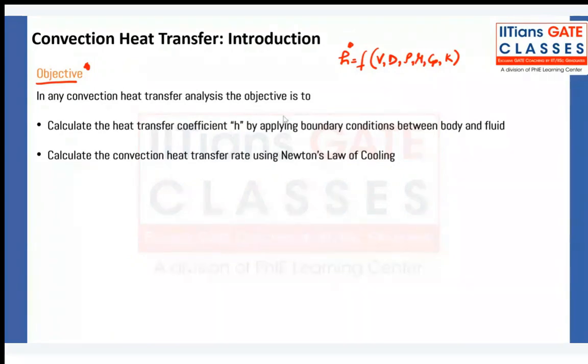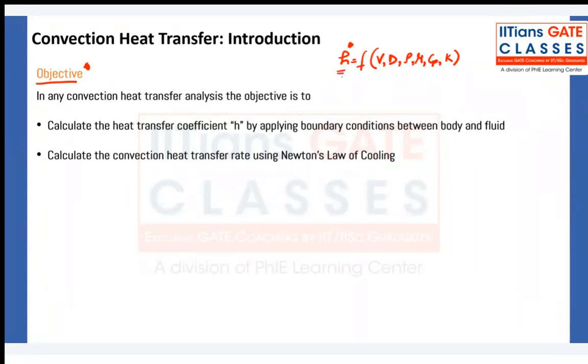But when you go for research or higher studies, the focus is how to determine h. So in this short study of convection, in these 5, 6, 7 hours, we are trying to understand what is the basis of this analysis. Of course, we will not go very deep, but at least we will get an overview of the things.